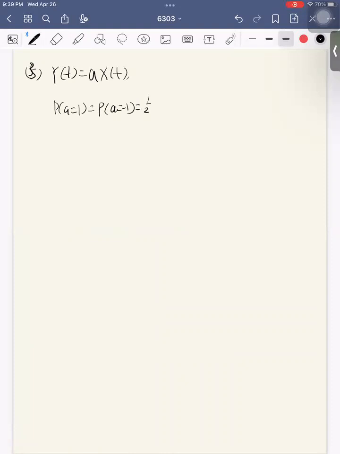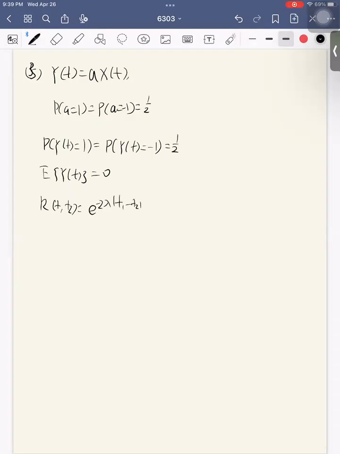The first order probability mass function is equal to this equation here. The mean is equal to 0. The autocorrelation R(t1, t2) is equal to this part, and the autocovariance C(t1, t2) is the same as the autocorrelation.